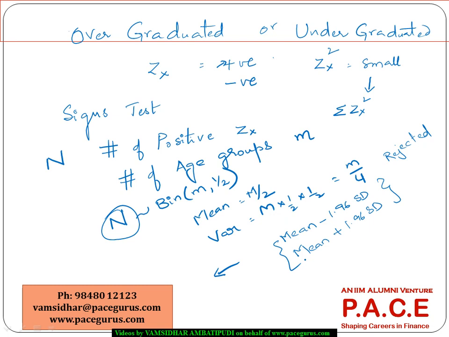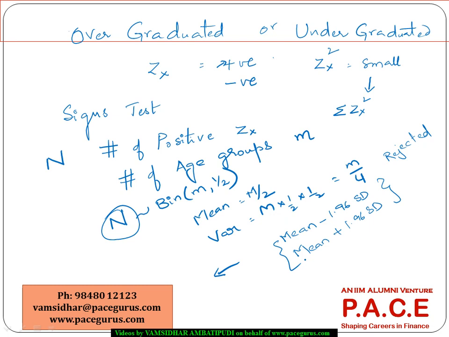So what could be done is, one, I can use a normal distribution assumption of the binomial and then go with the mean minus 1.96 standard deviations, or the mean plus 1.96 standard deviations, and test whether it is greater than the other.